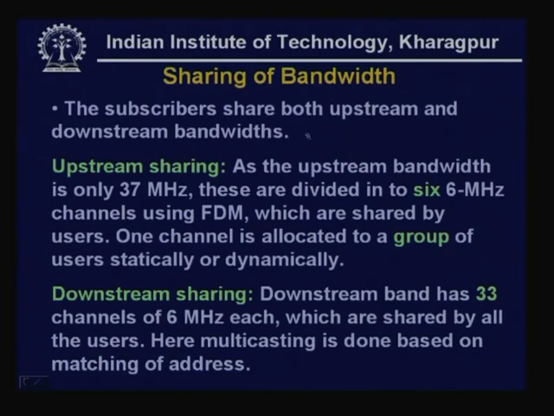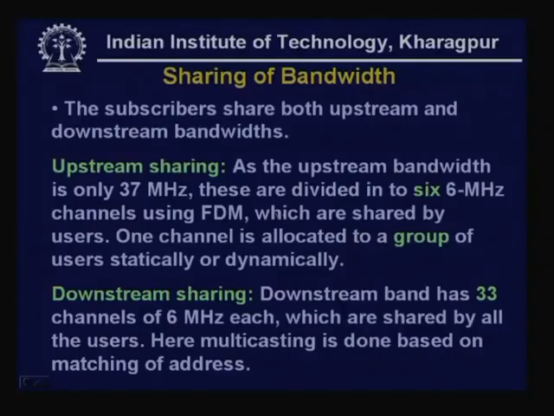The subscribers share both upstream and downstream bands. As you have seen, the HFC can support a large number of subscribers, 400,000 from a single regional cable head. So, obviously, the bands have to be shared.